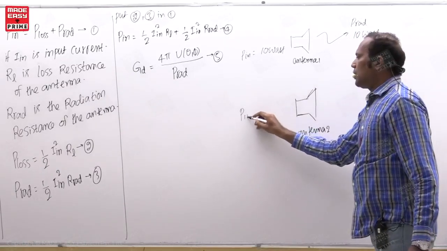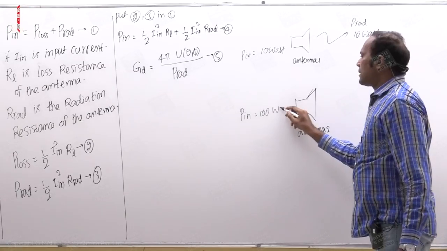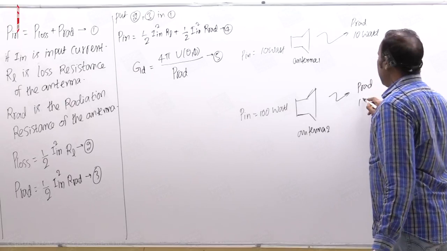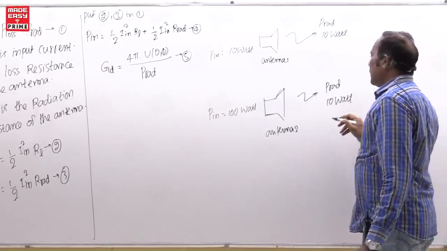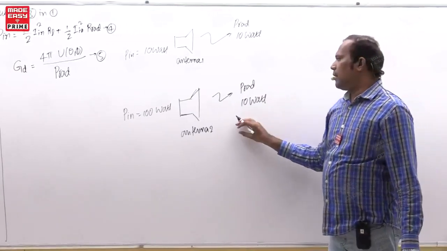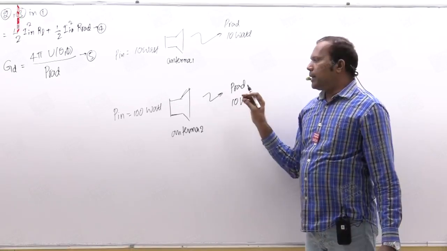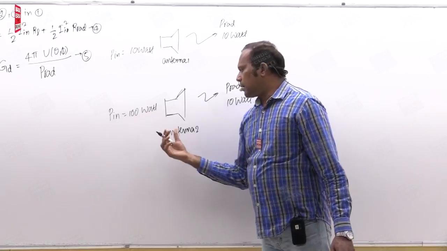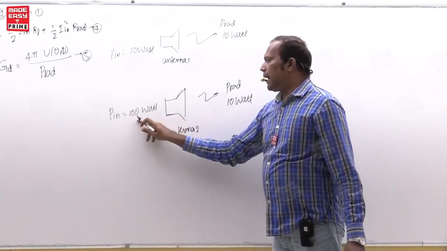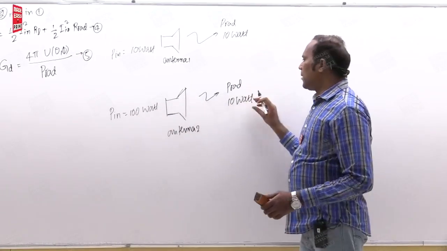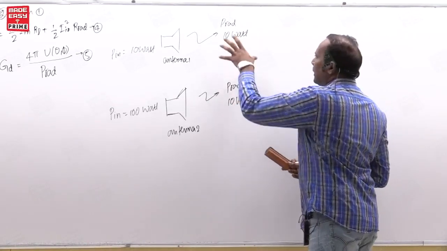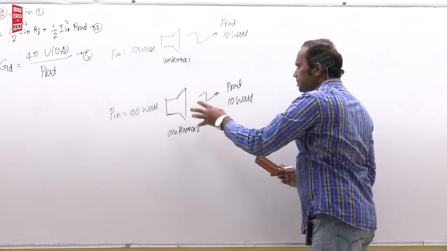Then another antenna is shown, 100 watt is given. Out of 100 watt, power radiated is only 10 watt. Now if that student selected this antenna for practical purposes, that is a useless antenna, because if you are giving 100 watts, 90 watts are completely lost here, and it is radiating only 10 watt. If you see only radiated powers, then you feel both antennas are good.